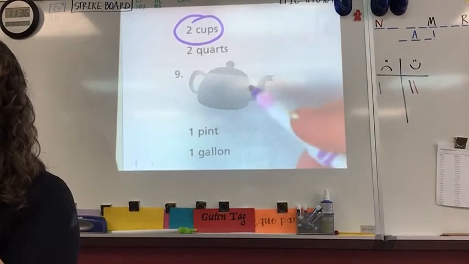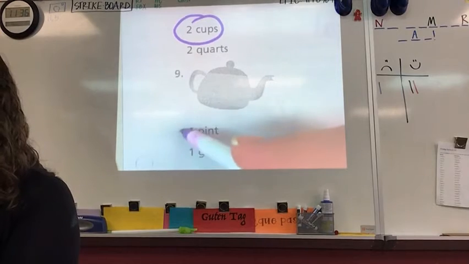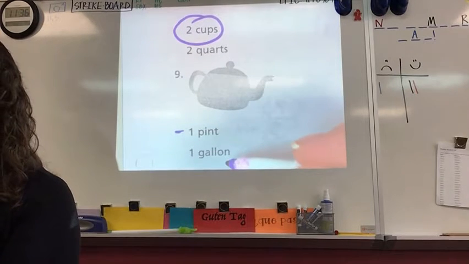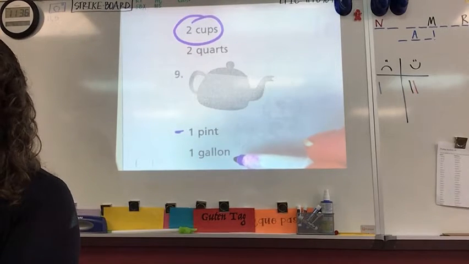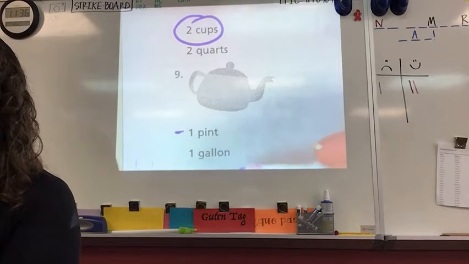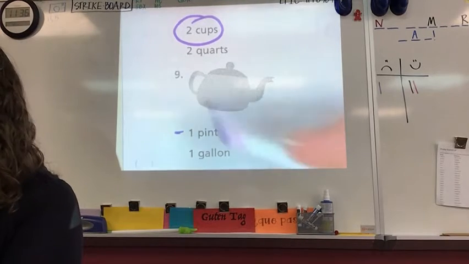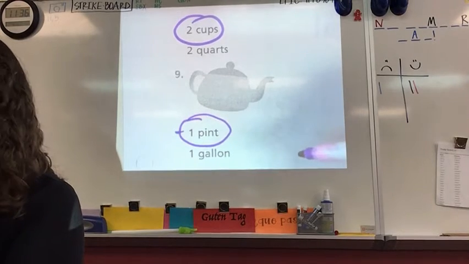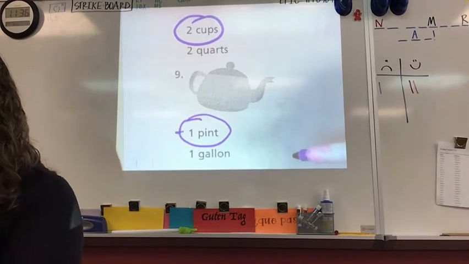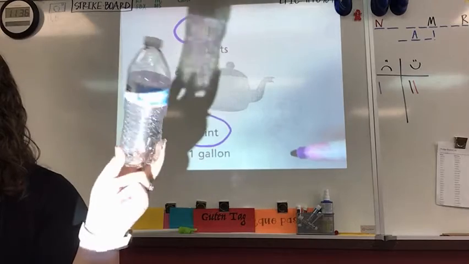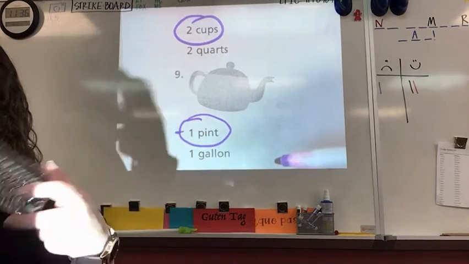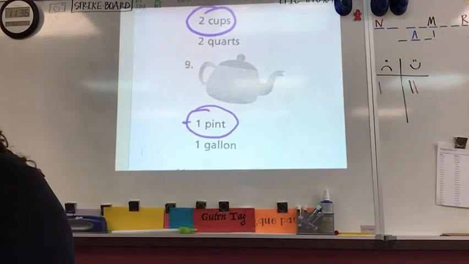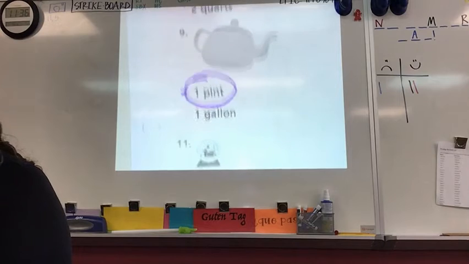Which is sneaky. Actually, some tea kettles would only be about a pint because they're not very big. But when I make my coffee, my coffee pot makes 12 cups, which isn't quite a full gallon. So, I stand corrected. It would probably be a pint or a couple pints. But when I think about a pint, I usually think about an amount for one person, versus gallons would be for many people.